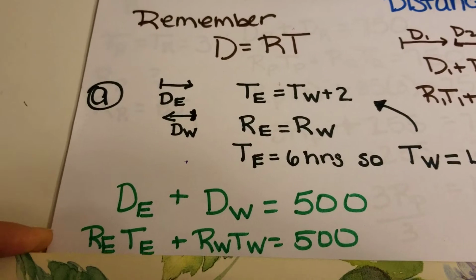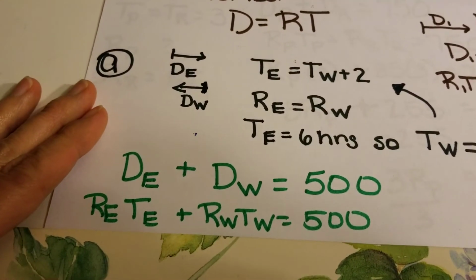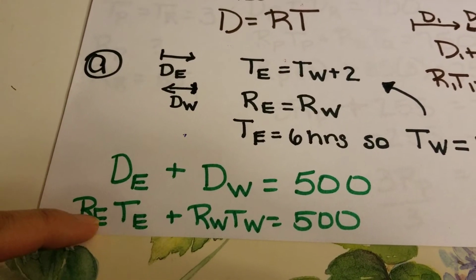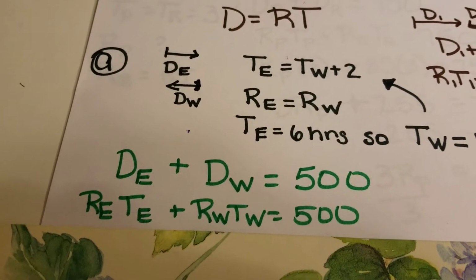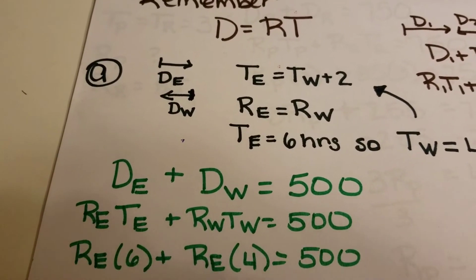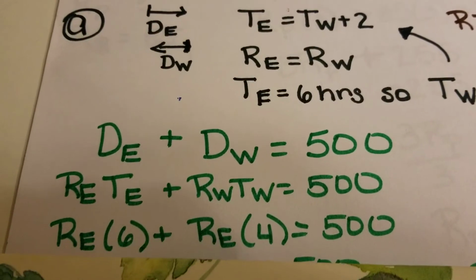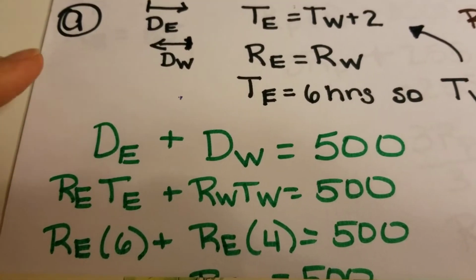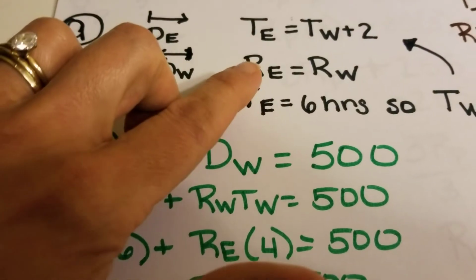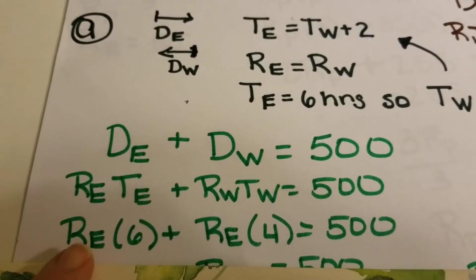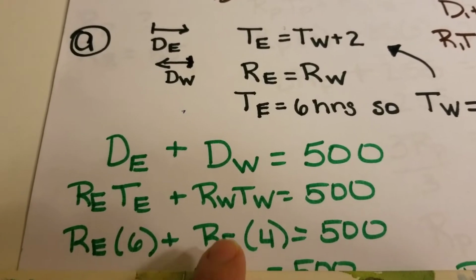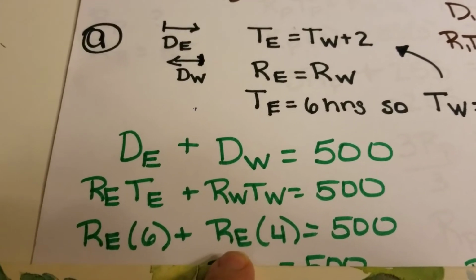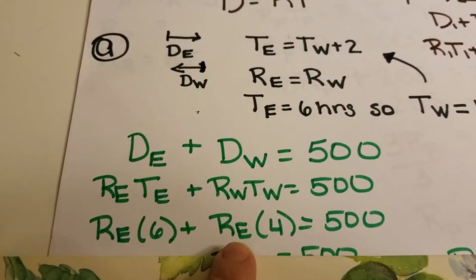So RE TE plus RW TW is equal to 500. Then I can substitute what I know. I know that the rate is the same, so I'm going to substitute RE in for RW, and I could have done the opposite, just to have only one variable.